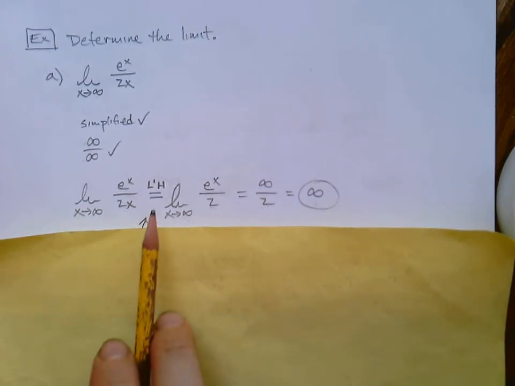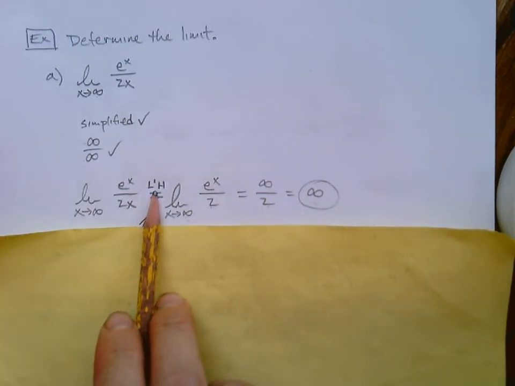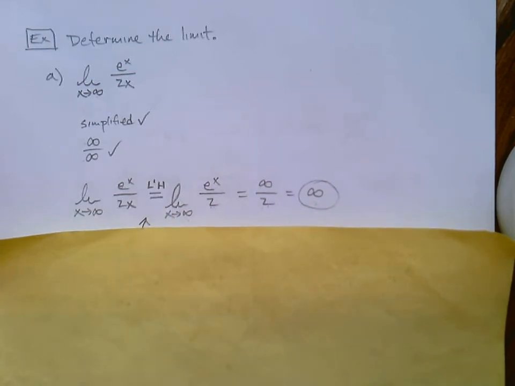Okay, now let me get back to this notation. Anytime you learn a new concept, there's always a new notation that comes with it. It's just the way it goes. So here's what happens with L'Hopital's rule. As you can see, that's an L apostrophe H, and that's an abbreviation for L'Hopital or L'Hopital's rule.